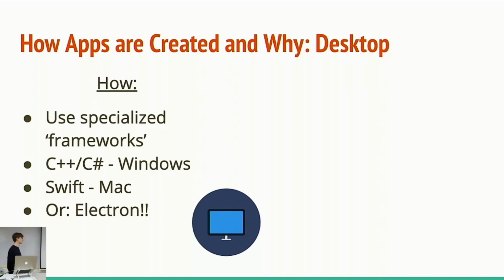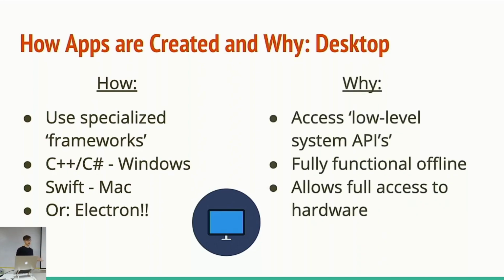If you don't know either of these languages, you have to go learn that whole thing, and then learn the entire framework as well, just to make an application for Windows only. And then for Mac, you generally will have to learn something like Swift and Xcode again to make the application for Mac. Or, as we're going to get into, you can use Electron. But why do people actually make these?